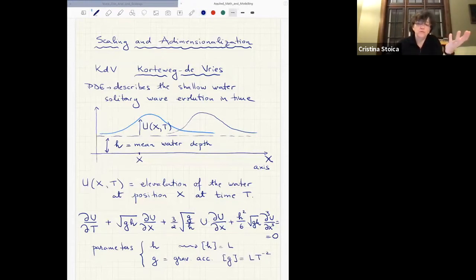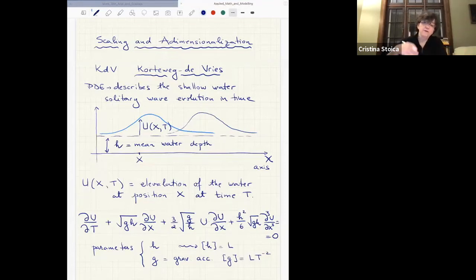We always want to solve these PDEs. But as it's written like this, we could think that as h is bigger or smaller, the mean depth being larger or smaller, we would have different solutions, like the dependency of the evolution with respect to the parameters.